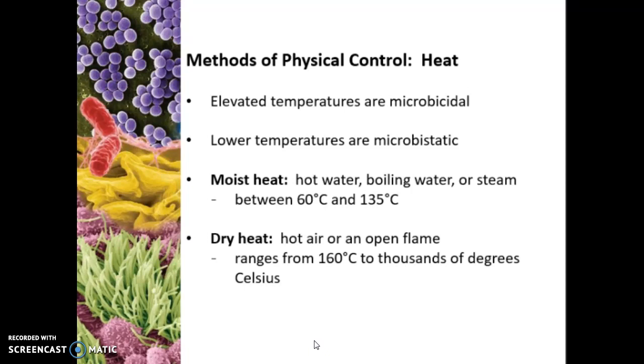So heat, in terms of elevated temperatures, will kill the bacterial cell, the microorganism. Lower temperatures, on the other side, are microbistatic. All right, they're going to halt metabolism. Won't kill it, but it's just not going to work as fast and work as well.